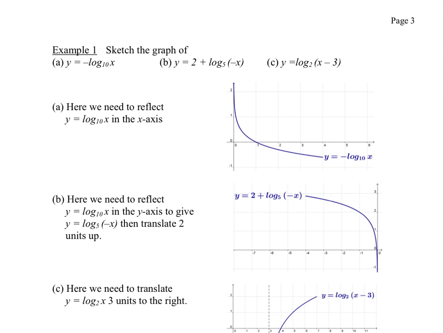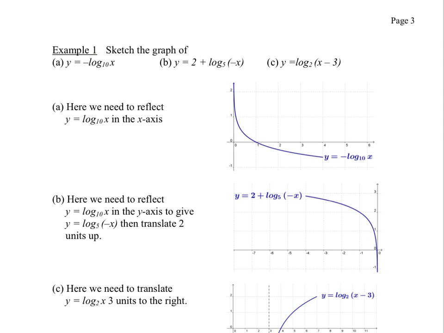Now, we can transform logarithmic graphs in the same way that we transformed exponential graphs or polynomial graphs. If you want to graph negative log base 10 of x, that's negative f of x, if log base 10 of x is your original function.